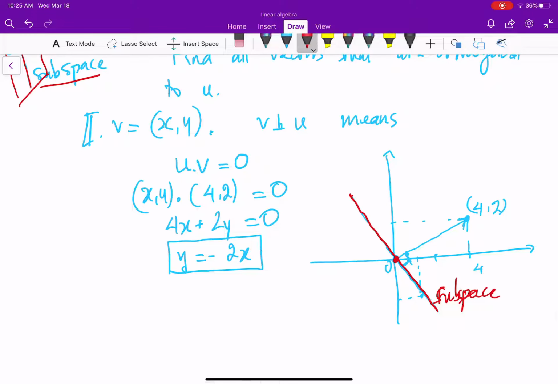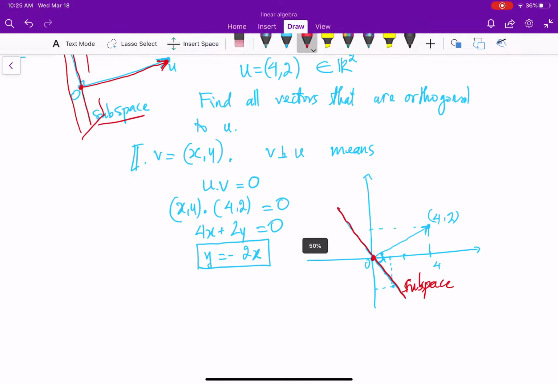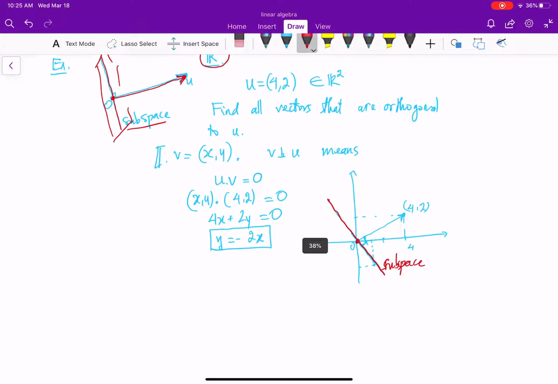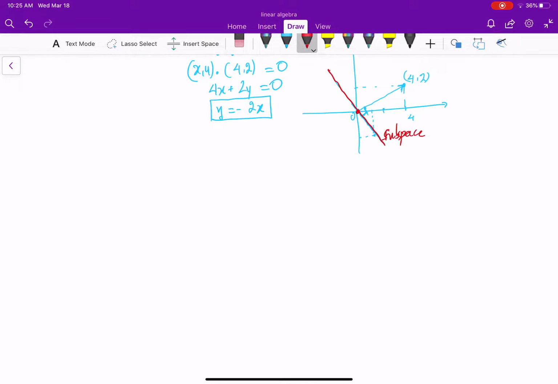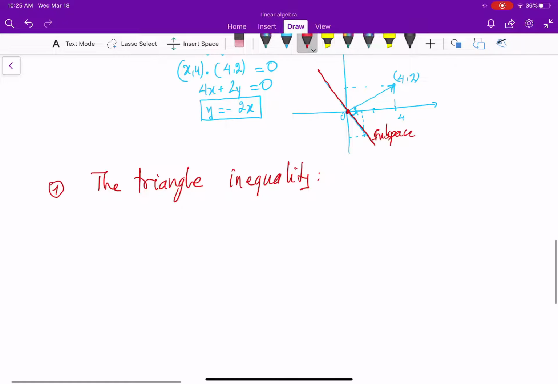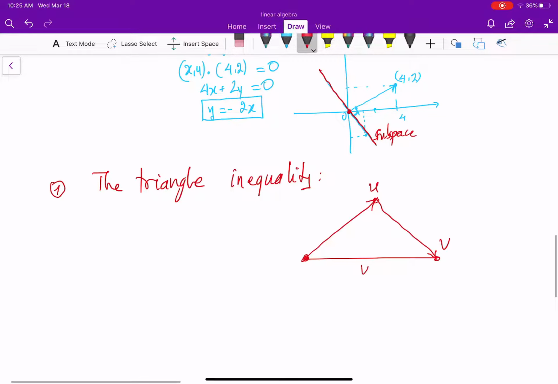We have a couple of inequalities in this section. Let me tell you about that, and we just do a couple of examples, and then we can finish this lecture. The first inequality is the triangle inequality. It's obvious. If you have two vectors u and v, then that is u plus v.